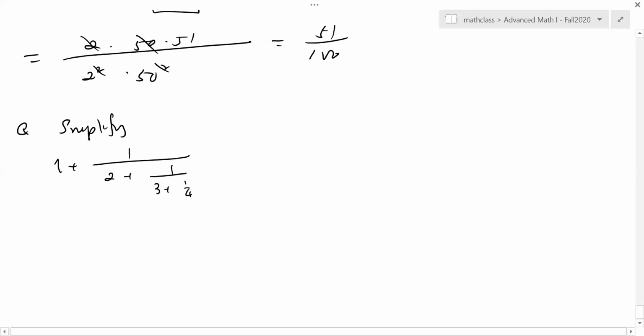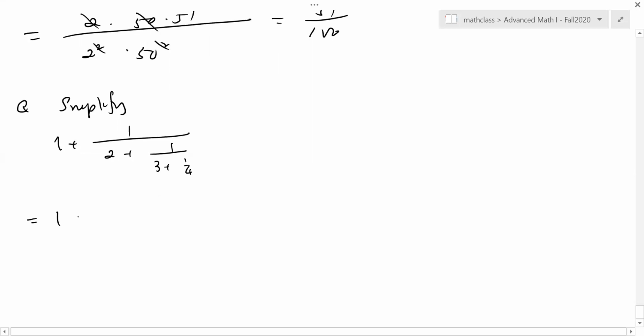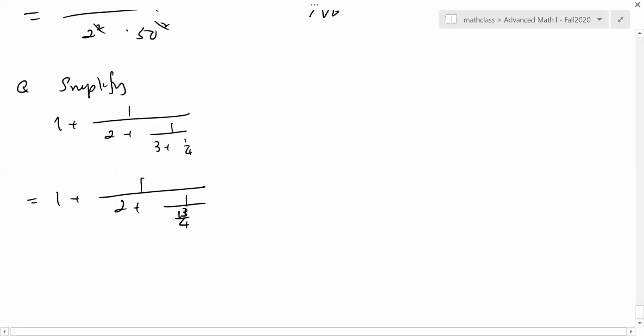Can you give answers? Okay, so just simplify it. And 3 plus 4 is just 11 over 4, right? 13, nothing wrong with that.